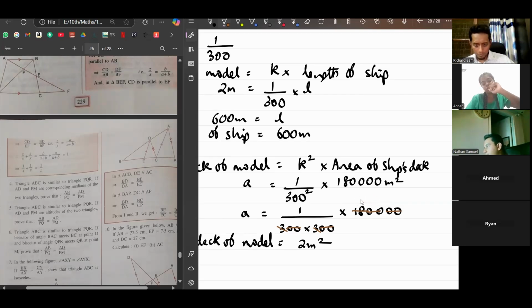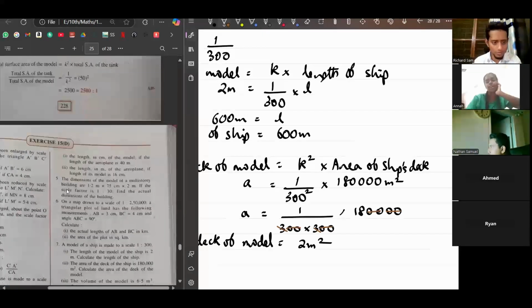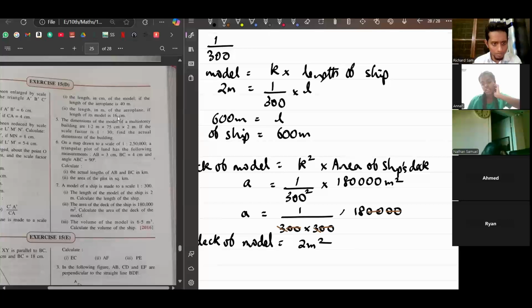But then 4 zeros we cut there, but there are 5 zeros. What is it? 4? Oh, no, there are 4 zeros. 4 only, no? Yeah, I will put another extra one.